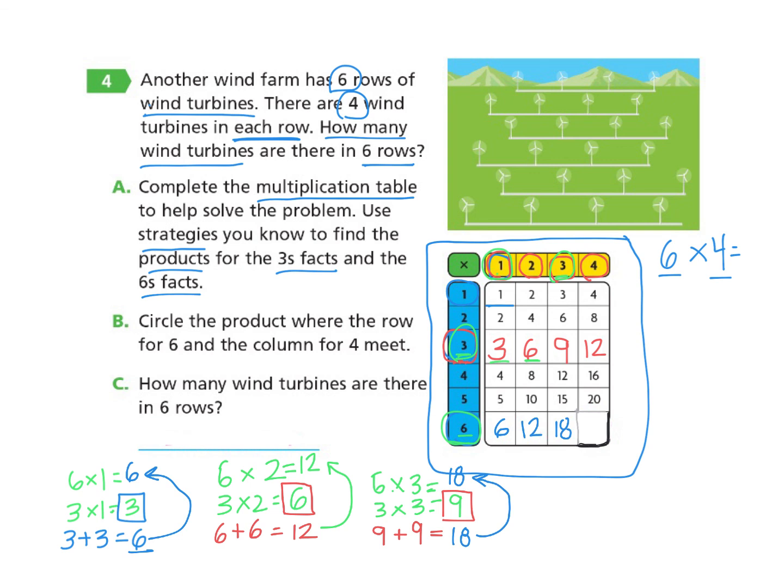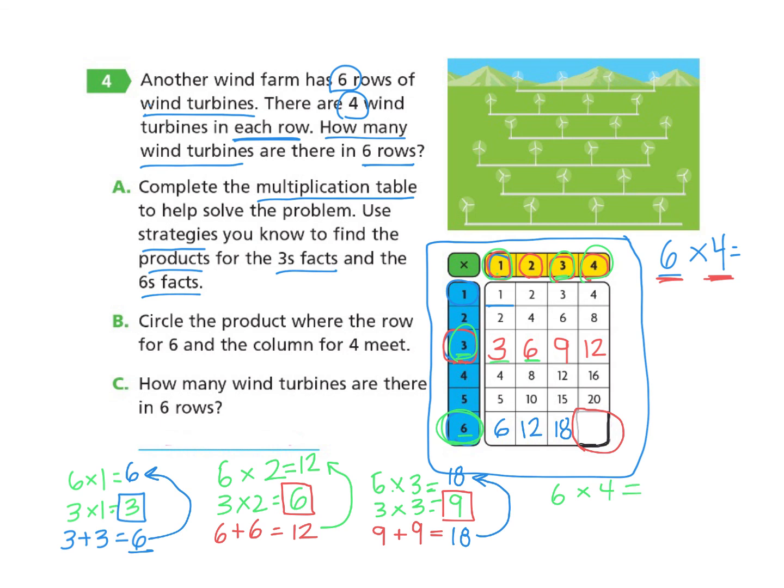And then our last one here is actually the same multiplication problem that was in our word problem with the 6 rows of wind turbines, and there were 4 wind turbines in each row. So we're going to go ahead and do the last one here, which is 6 times 4.